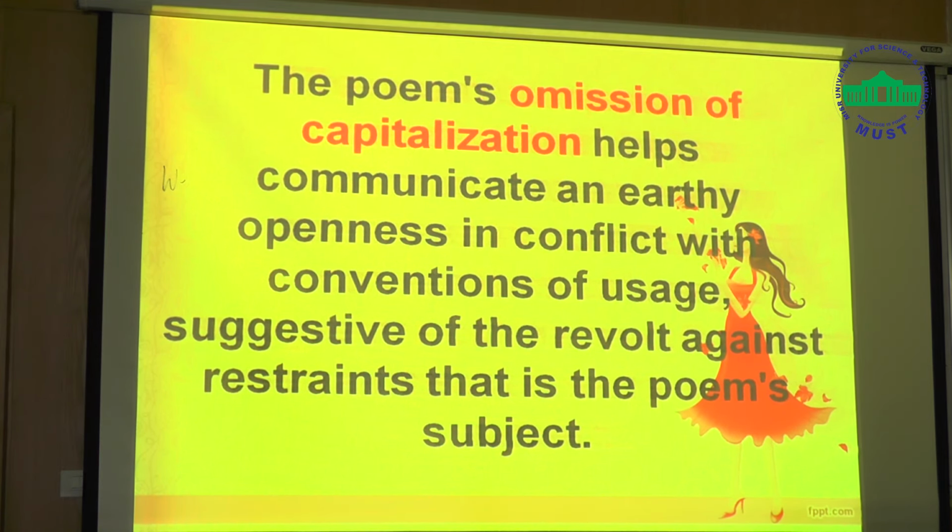The most important technical aspect in the poem is the unique use of punctuation, the omission of capitalization. The speaker avoids using capital letters to rebel and to attack male domination, to rebel against societies that look down upon females, upon societies that enslaved females.